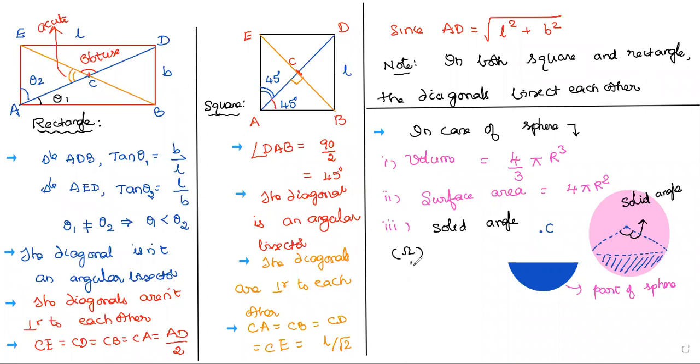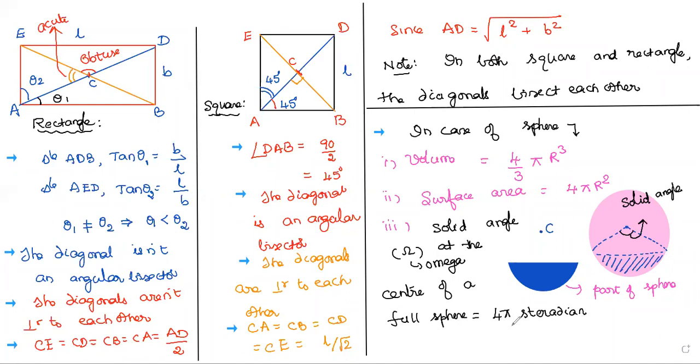Now, the solid angle omega at the center of a full sphere is equal to, not 2 pi, 4 pi steradian. Not radian, steradian, 4 pi steradian.